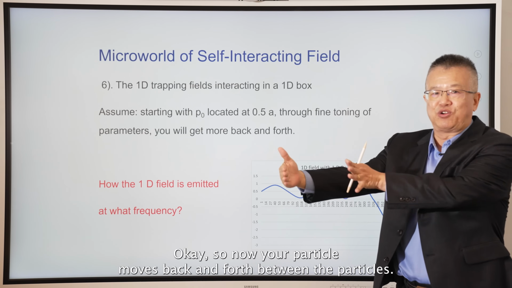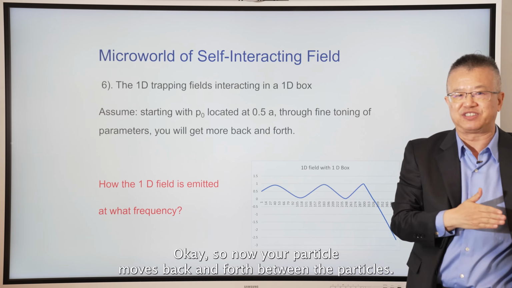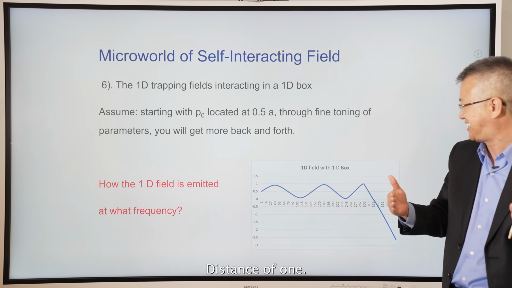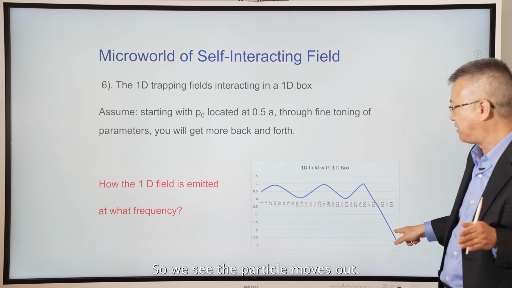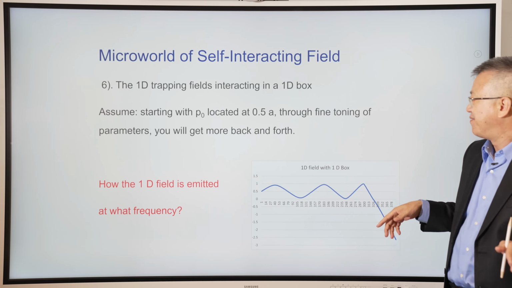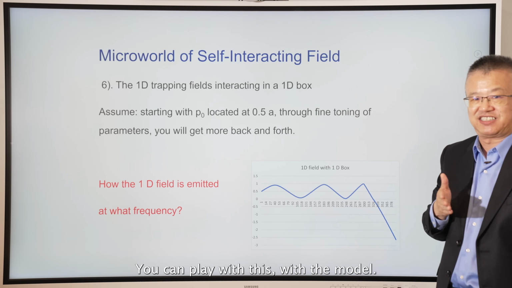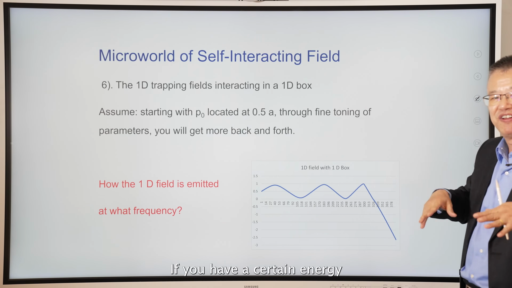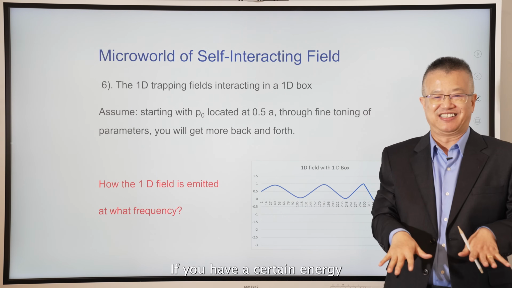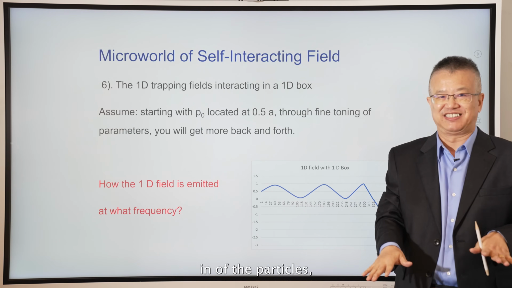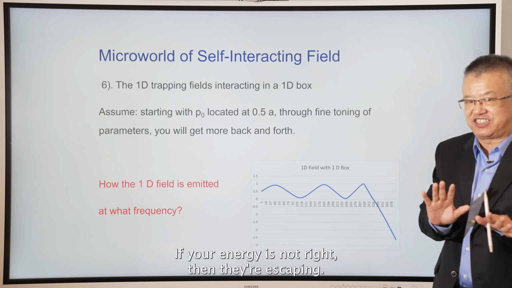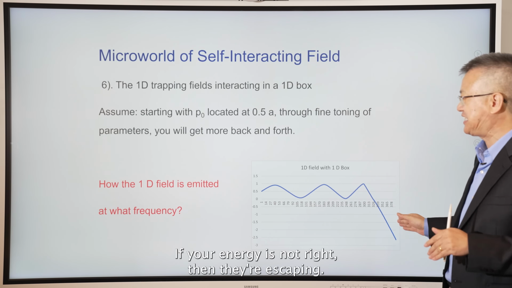So now your particle is being moved back and forth between the walls. We have a distance of 1. You see the particle moves out. You can play with this with a model. It's going to keep going if you have a certain energy in the particle, and then you will have the quantum property. If your energy is not right, then it escapes.